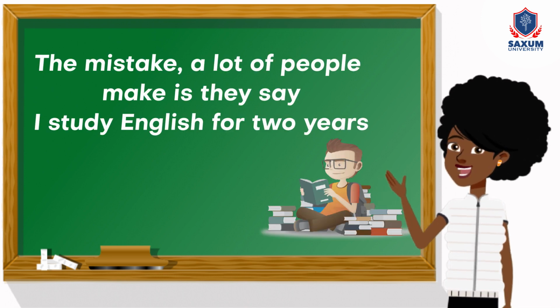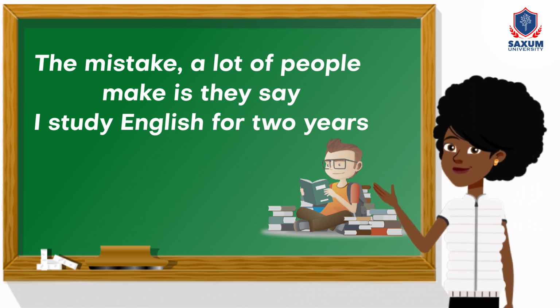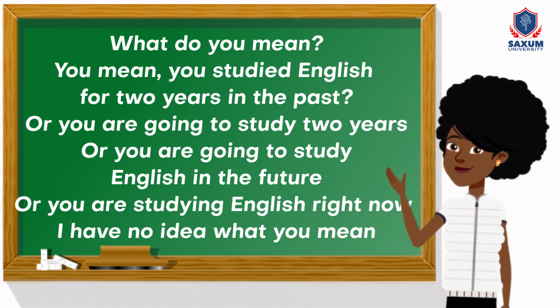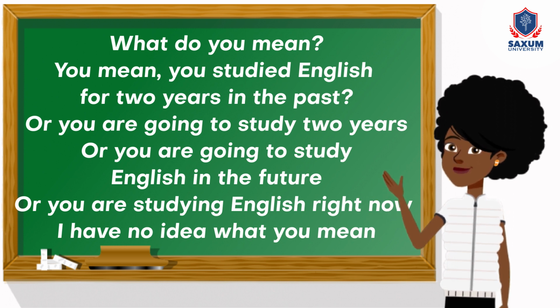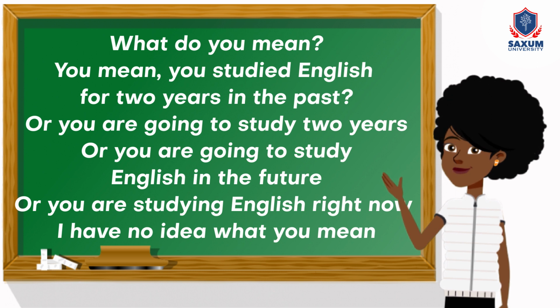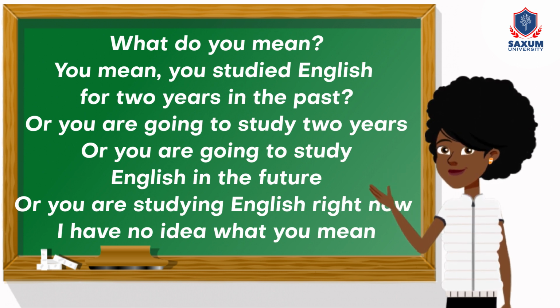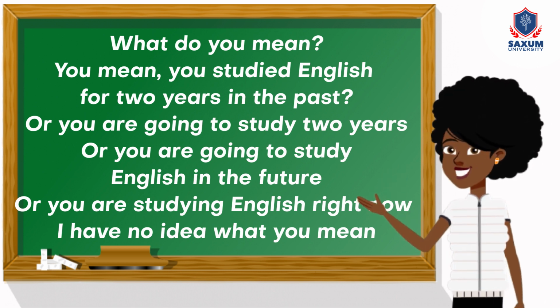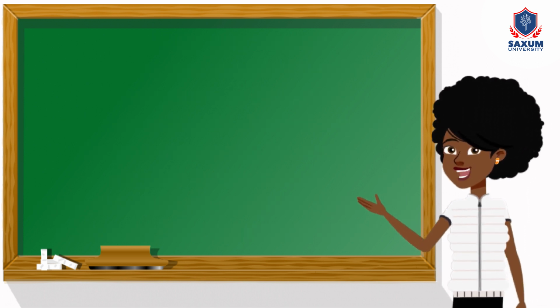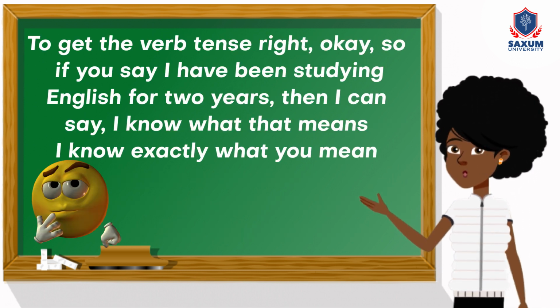The mistake a lot of people make is they say, I study English for 2 years. What do you mean? You mean you studied English for 2 years in the past? Or you are going to study 2 years? Or you are going to study English in the future? Or you are studying English right now? I have no idea what you mean. That's why we need to use helping verbs to get the verb tense right.